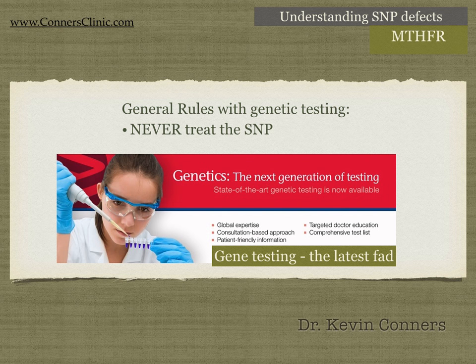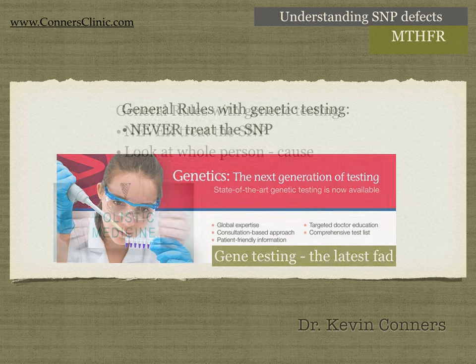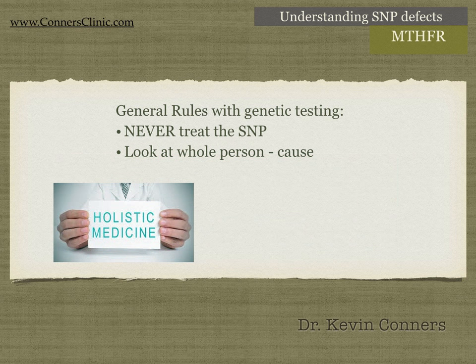Never treat the SNP itself. Remember, a SNP is a single nucleotide polymorphism. That's what we're talking about with an SOD polymorphism. So if I have a single nucleotide polymorphism of my SOD gene, you don't want to just give SOD. You have to look at the bigger picture. Look at the whole person and look at the cause.